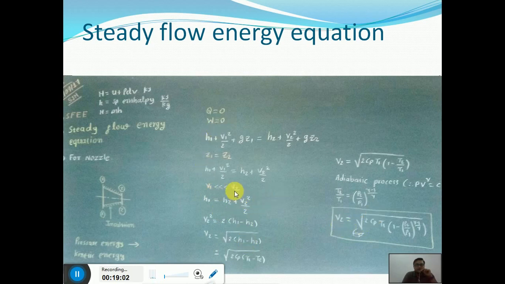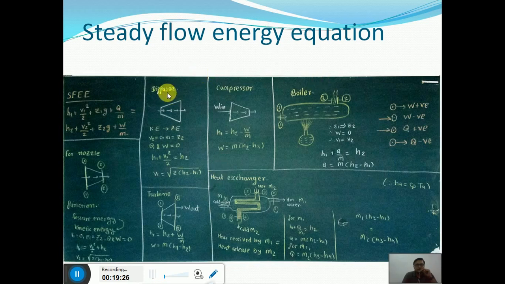If you are not understanding it, then please comment, and I will explain it in a better manner. This is very simple: H1 is converted into Cp T1 and T2, then the adiabatic process equation is used, T2 by T1 is equal to (P2 by P1) raised to (gamma minus 1) upon gamma. That's it. There is nothing more than that.